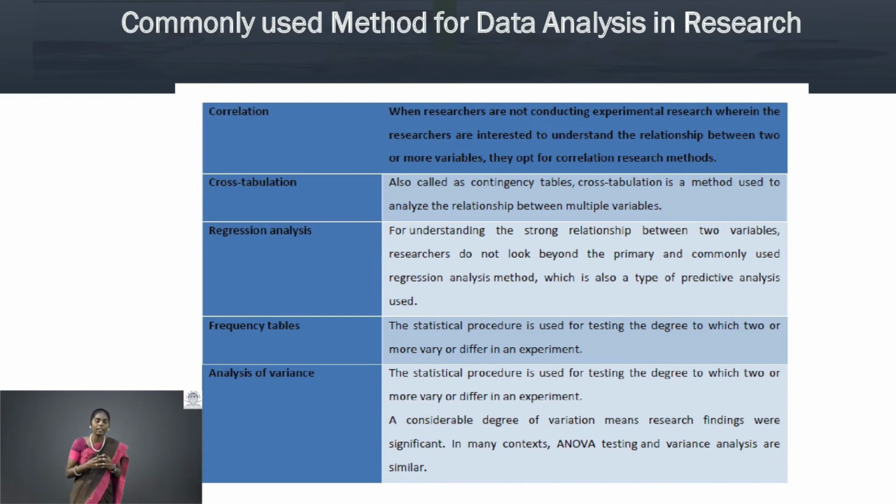Let us look at an example of regression analysis, where the relationship between an independent variable and a dependent variable is studied. Take the same example we looked at, the study of students in a university: how knowledgeable these students are.